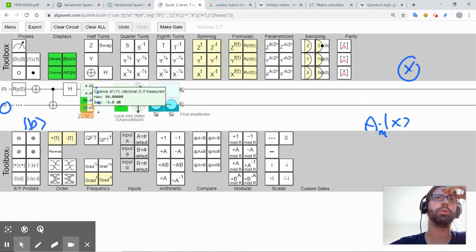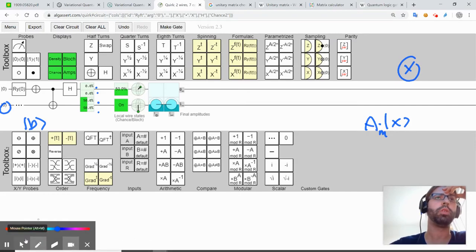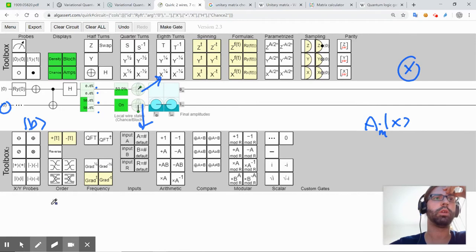That's the way the Hadamard test works. 0 means they're totally different. We want this to be 1, right? You can see here that the states are completely orthogonal. So that's why you're getting these.